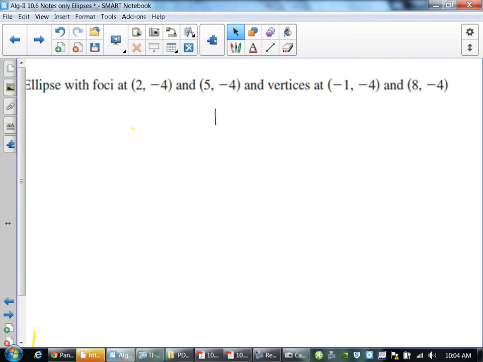Hopefully we know which way it's going. Just like we did earlier, we plot it just to get an idea. What way is it going?